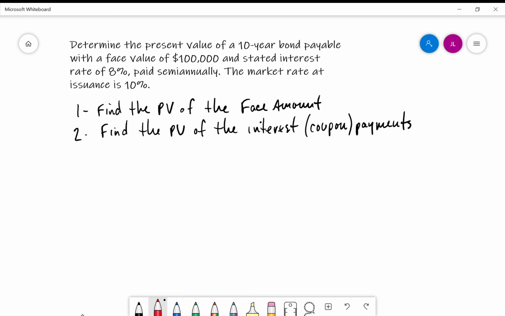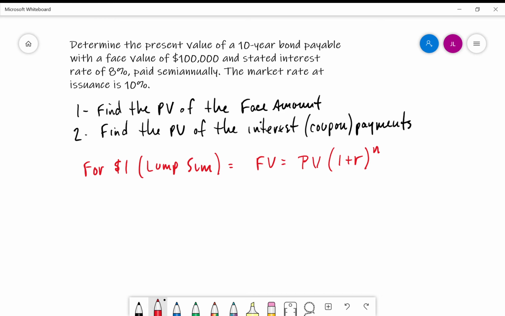So, for $1, which would in essence be a lump sum, we look at the future value being equal to the present value multiplied by 1 plus the interest rate to the n power. And n is the number of periods that we're going to have.